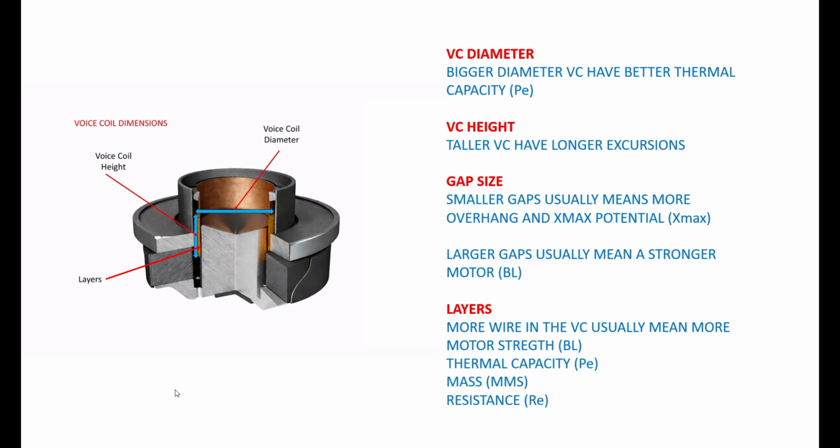With all of this information, we can not only work out the speaker's BL, or motor strength, we can work out roughly how much of the voice coil is being acted upon, how much wire is roughly in the gap. But even with all of these things, that's not the entire picture when it comes to motor strength.